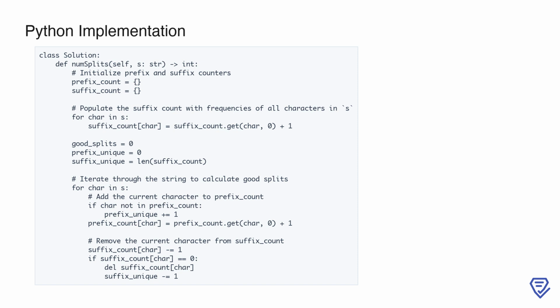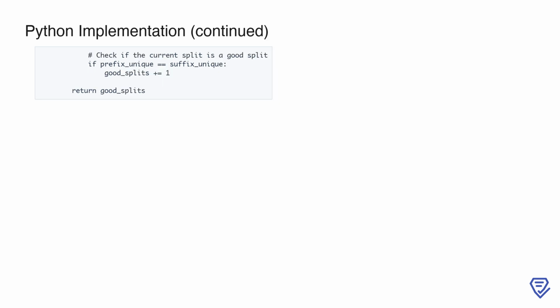If a character's frequency in suffix_count drops to 0, we remove it from the dictionary and decrease suffix_unique accordingly. At this point, we determine whether the current split is a good split by comparing prefix_unique and suffix_unique. If these values are equal, it means the number of unique characters in the prefix matches the number of unique characters in the suffix, so we increment the good_splits counter.